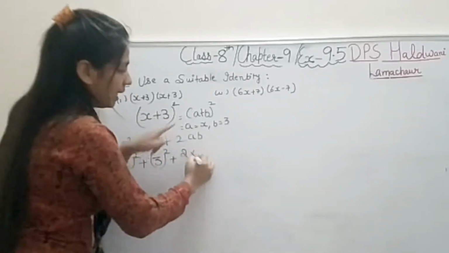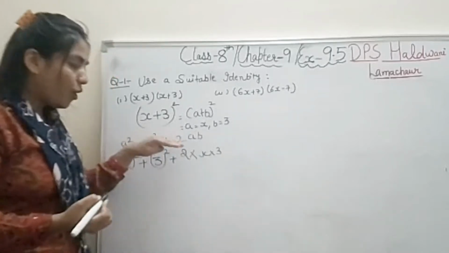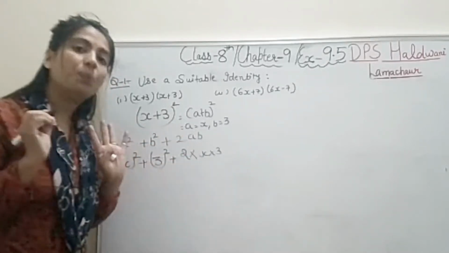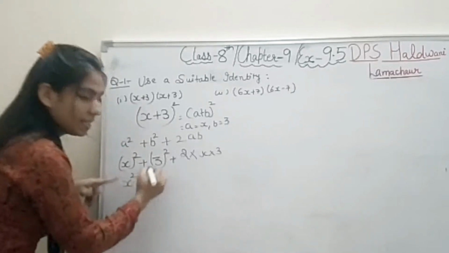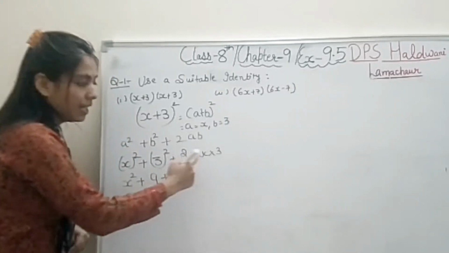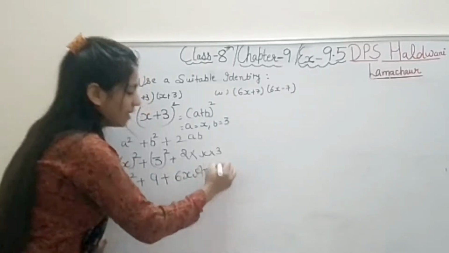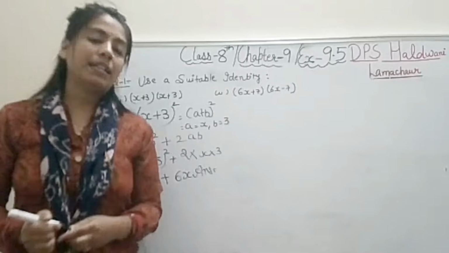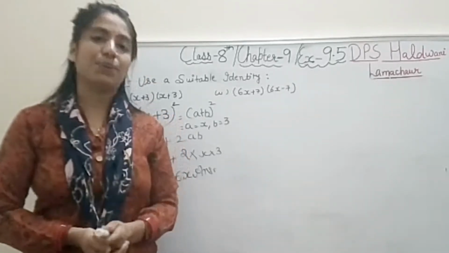Simply put the values in the formula and get the answer. x square is x square only, plus 3 threes are 9, plus 2 times 3 times x is 6x. So this is the answer. The multiplication is the same as we did in our previous exercise, but here we will use the identities only.